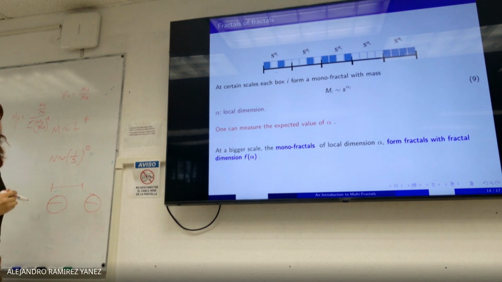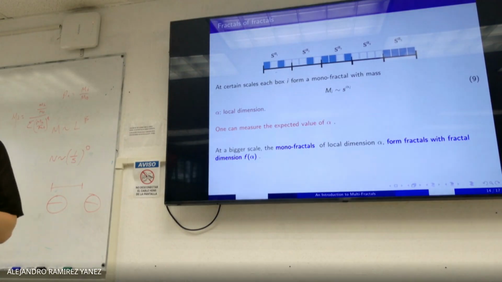So you have a deterministic process which produces this fractal, right? Where now the masses change. They're no longer uniform. Yeah.